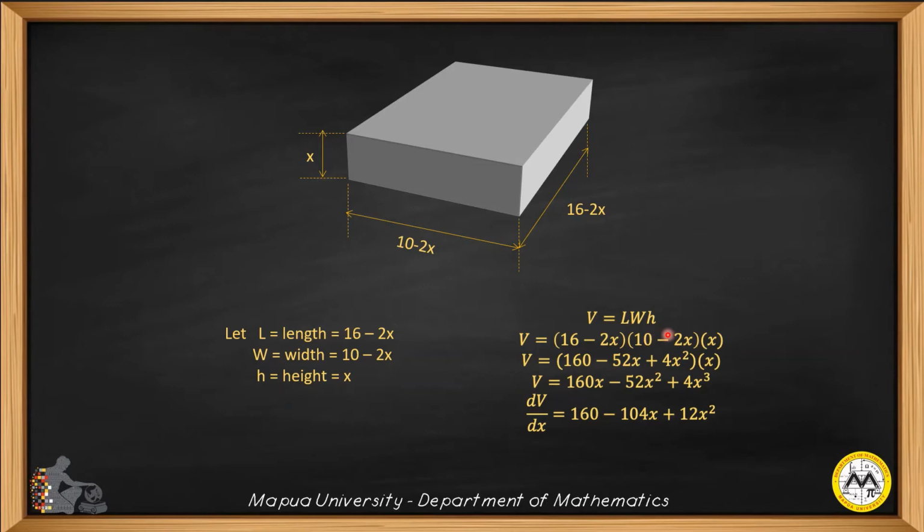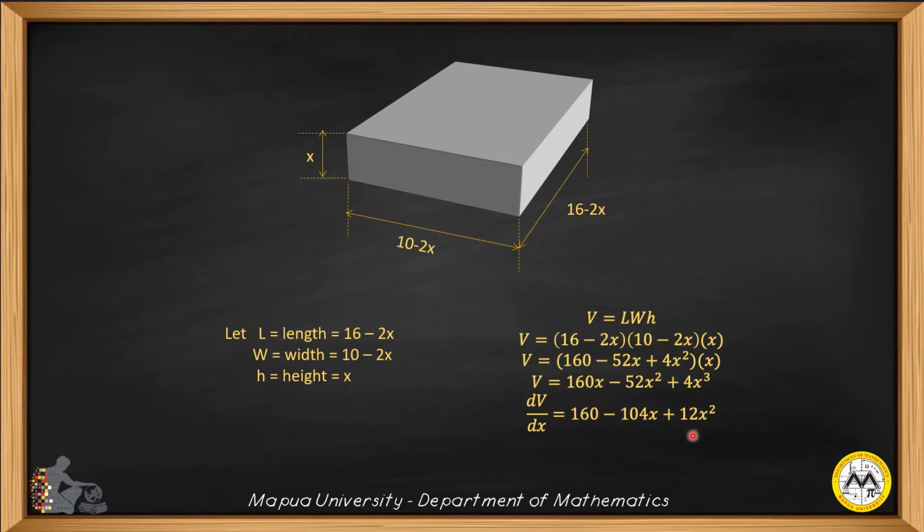If we substitute these expressions accordingly, the volume function is defined as such and simplifies to V equals 160x minus 52x squared plus 4x cubed. Of course, the necessary condition for the maximum or the minimum value of the function to occur is at points where the derivative is equal to 0.